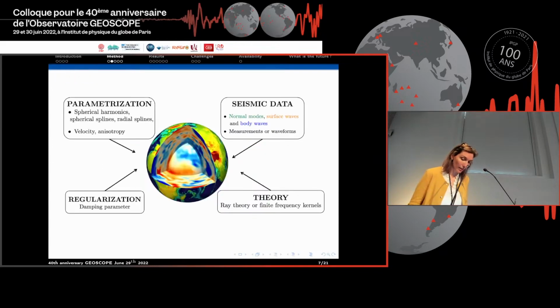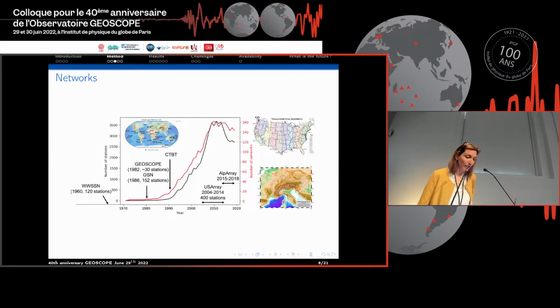So I will not detail the seismic data because I see everybody is very familiar with that, but since it is the 40th anniversary of Geoscope, I wanted to of course emphasize that if global tomography exists, it's because this kind of global network has been deployed, starting with the Geoscope in 1982.